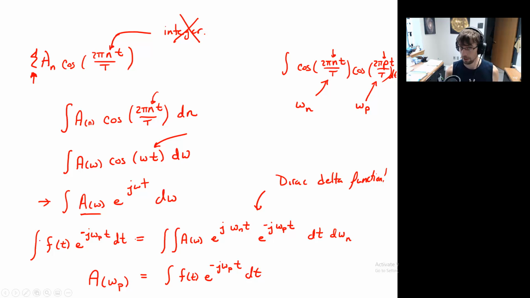And sometimes, again, the only reason I put this in here is because this is sometimes known as a Fourier transform. All you're doing is applying Fourier's theorem and Fourier's trick. The only difference is that rather than limiting yourself to integer values, you can now take a continuous range of values.